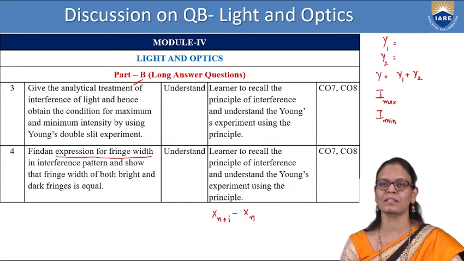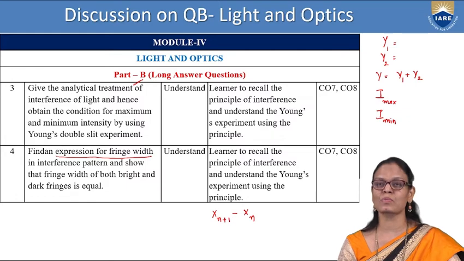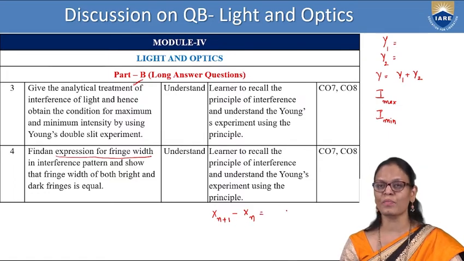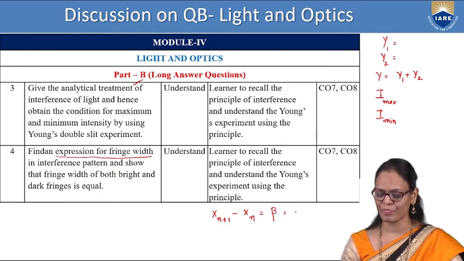This is the distance of the (n+1)th bright fringe from the central fringe, and this is of the nth fringe. When you do x(n+1) minus x(n) and substitute the values, you get the fringe width beta, which is given by lambda D by d. This is for the bright fringe.